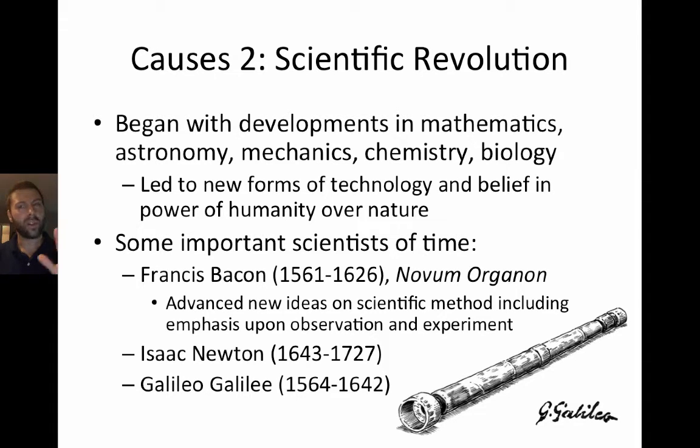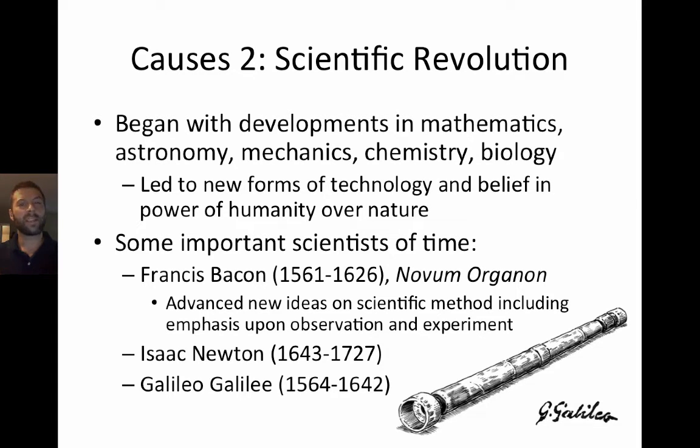So if you go back all the way to the Greek philosophers, to ancient Greece, you see that there were in fact scientists of the time, Archimedes, for example, who developed various machines. There were astronomers, but there was not this very clear scientific method where we should be observing and testing the world.